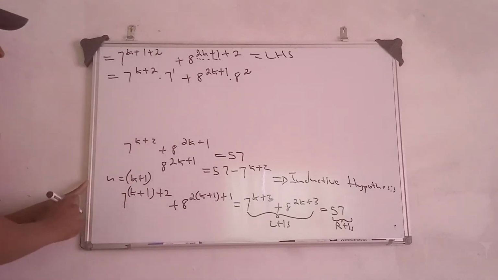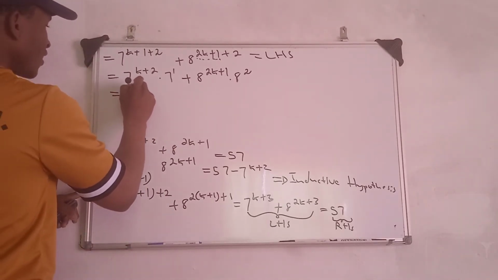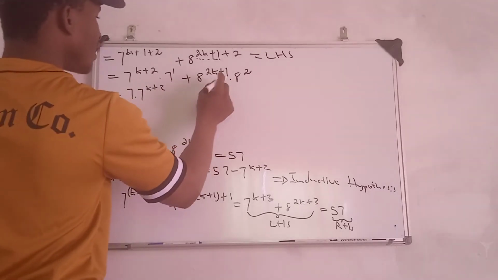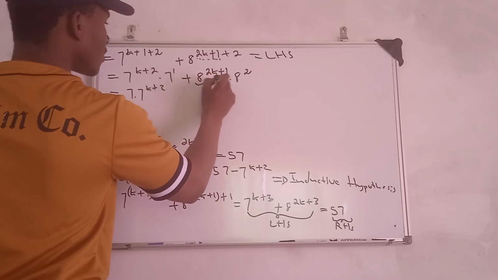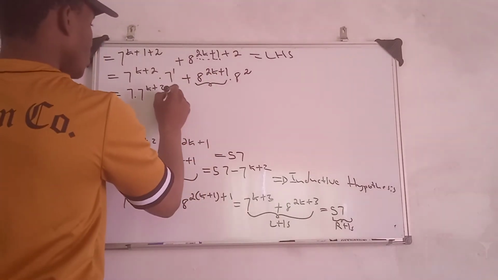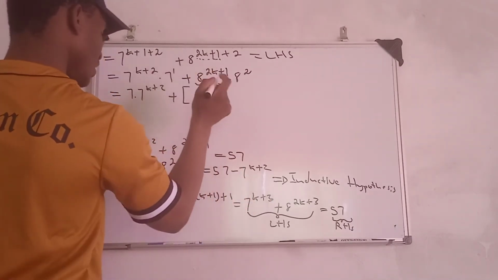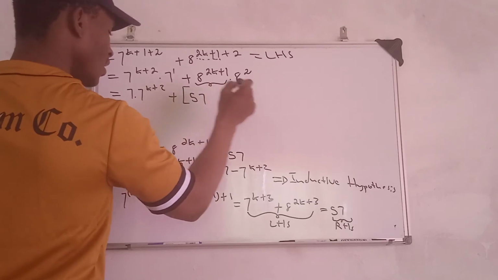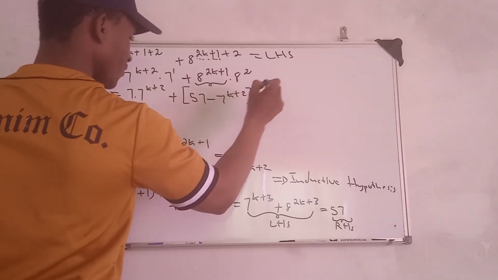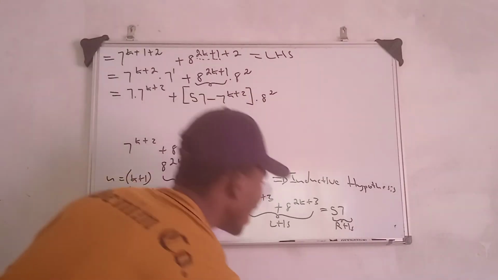This is what we are having. So this is the same as 7^(k+2), and then this part is actually here in our inductive hypothesis. So we can just insert this wherever we see it. So it's going to be 57 minus 7^(k+2), times 8 squared. So we are done with this part.